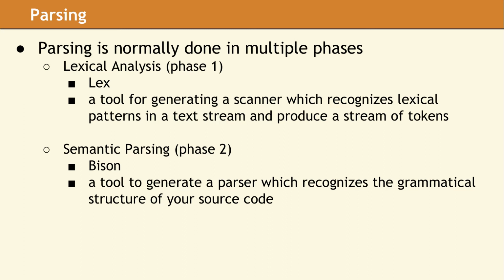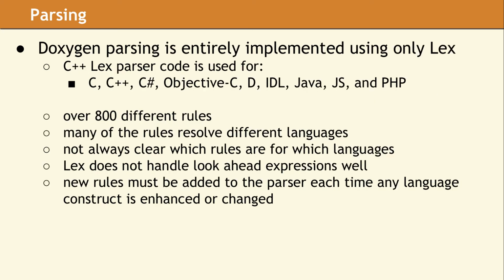But Doxygen uses only Lex for both phases. This approach may work for a simple language, and it actually does, but for something like C++, this just simply does not work.